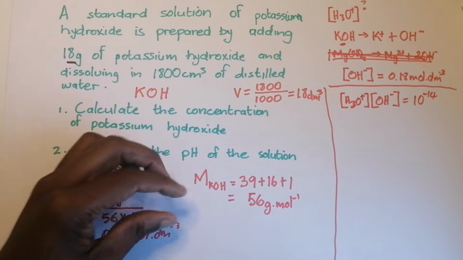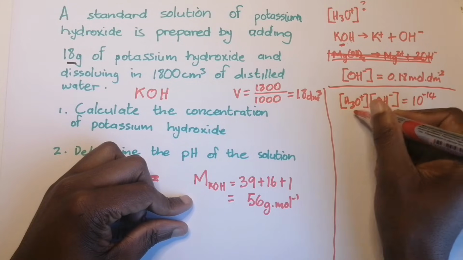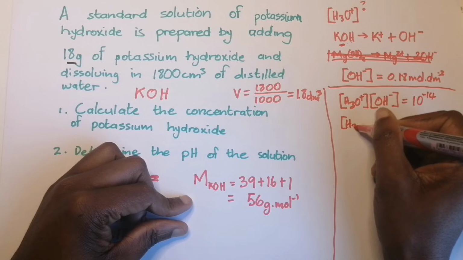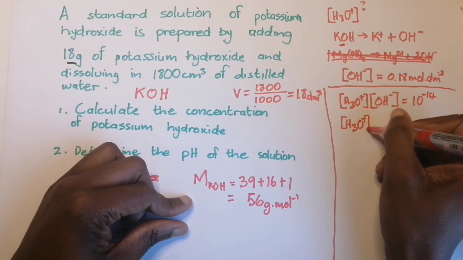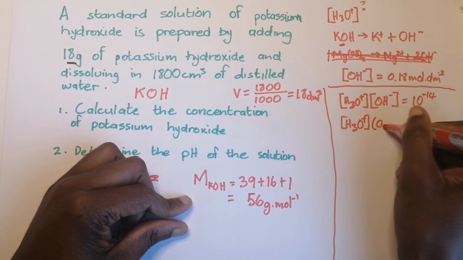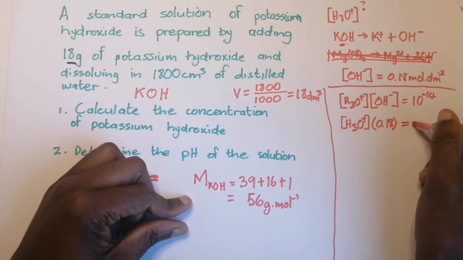So concentration of our hydronium ions, that's what we want, but we do have the concentration of the base, which is 0.18, using round brackets, which is equal to 10 to the minus 14.